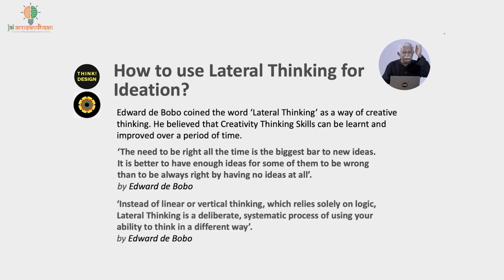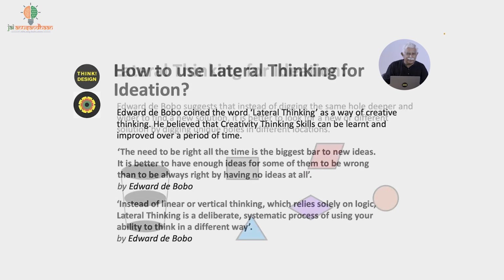Instead of linear or vertical thinking, that means you're digging the same hole deeper at the same place, which typically relies on logic, okay, linearity. Lateral thinking is the deliberate systematic process of using your ability to think in a different way. That means that you think horizontally, you try to explore new areas. Okay, so that's a big difference between the two. I have demonstrated here.